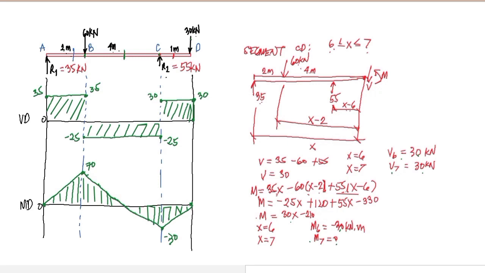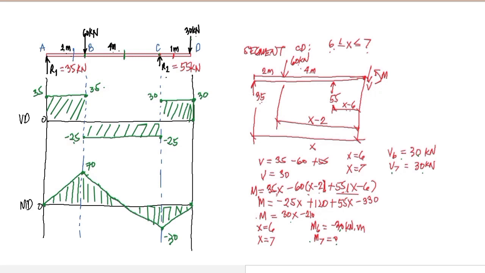So ano yung mga possible questions to follow? The first one is, if we are asked to determine the maximum positive shear, therefore the answer is 35 kN. Pag yung tanong sa atin ay the maximum negative shear, so sagot ay negative 35 kN.